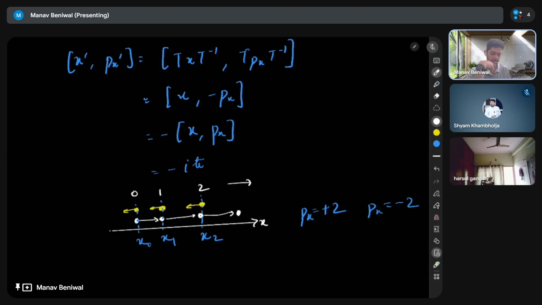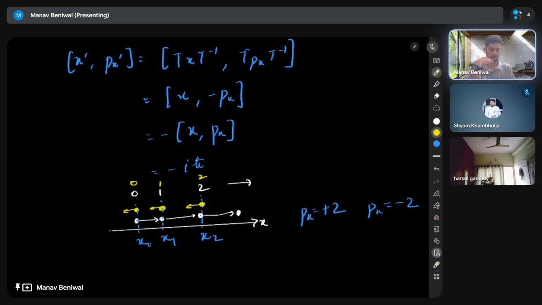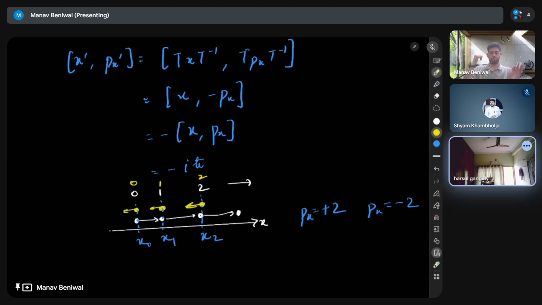Everything is fine. Then when we reverse it, the timestamps that you will see on your video will remain the same. They will remain 2, 1, 0 only; it will not be 0, 1, 2. So it's like time frames. Those will not change. But what you will perceive is that your particle has started moving in the opposite direction. Correct? Any other doubt that you want to ask?